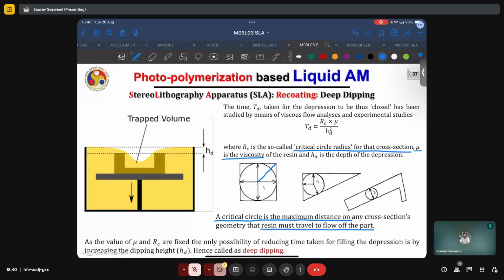Any changes in Hd will have a far more drastic impact on Td than Rc or mu. That is why we rely on deep dipping and not just sufficient dipping or little dipping. If we can make it deep enough, then the depression will fill much faster.